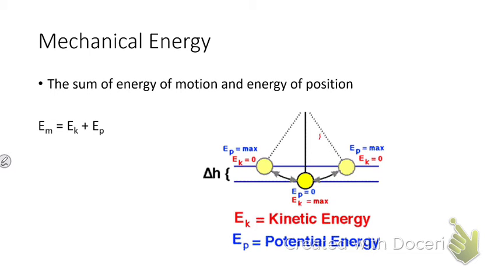If I hold it perfectly motionless, so it's not moving, how much kinetic energy does it have? 0. Velocity is 0. So if velocity is 0, anything multiplied by 0 is 0, right? So if it's not moving, we have no kinetic energy.